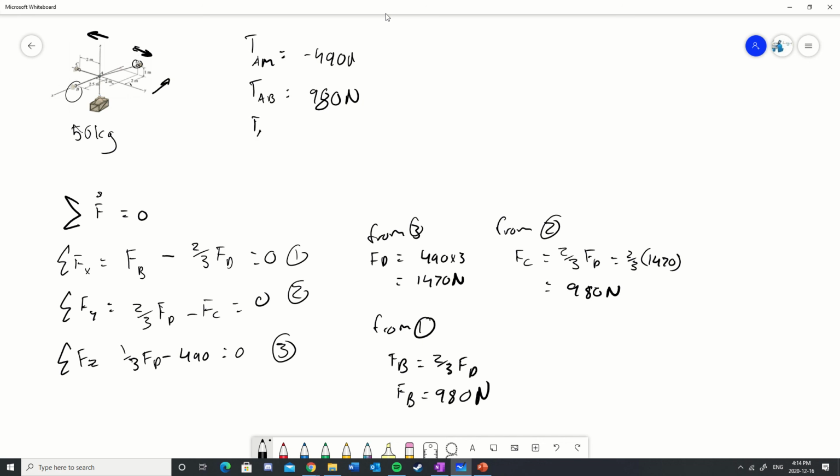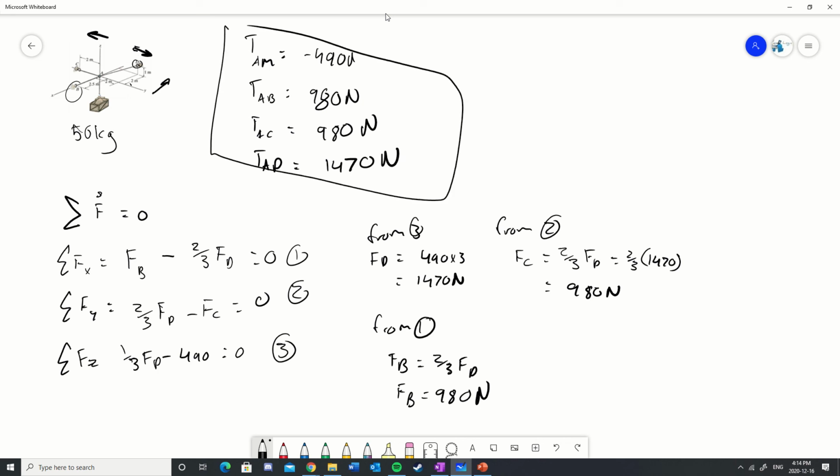Tension in the cable between A and C is 980 newtons. And tension in cable AD is equal to 1470 newtons. And there is our answer.